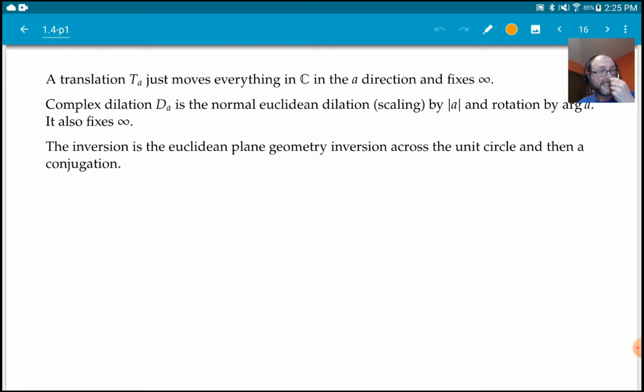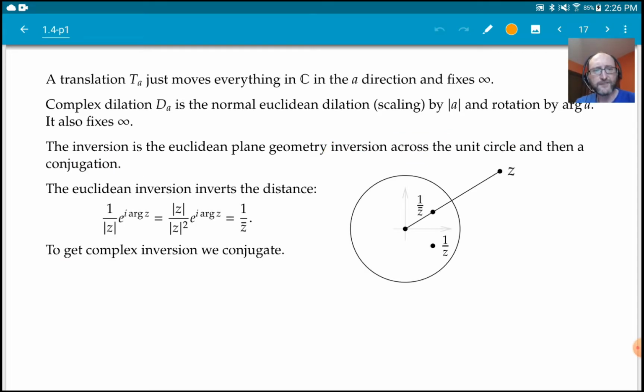Now, standard Euclidean inversion would flip the orientation. So to get something that preserves orientation, you need to do two things that flip orientation. So the complex inversion, this 1 over z, is the inversion across the unit circle, and then a conjugation, which is an inversion across the real line. And here's a picture of it.